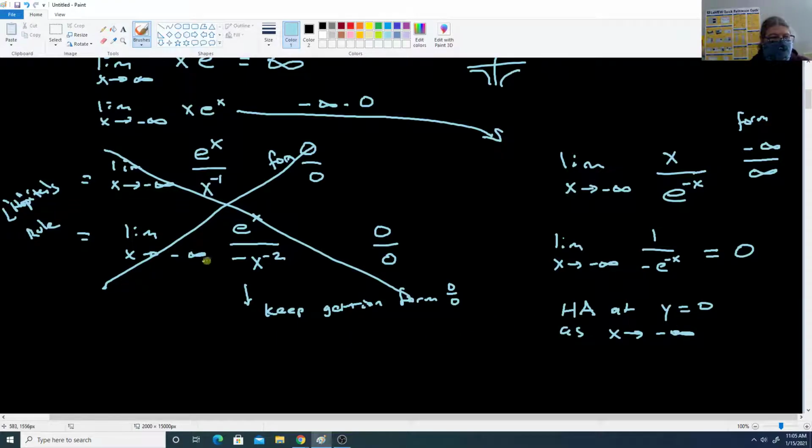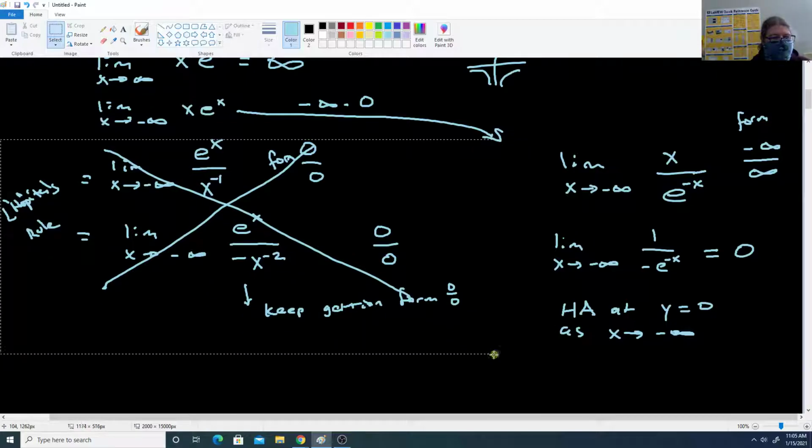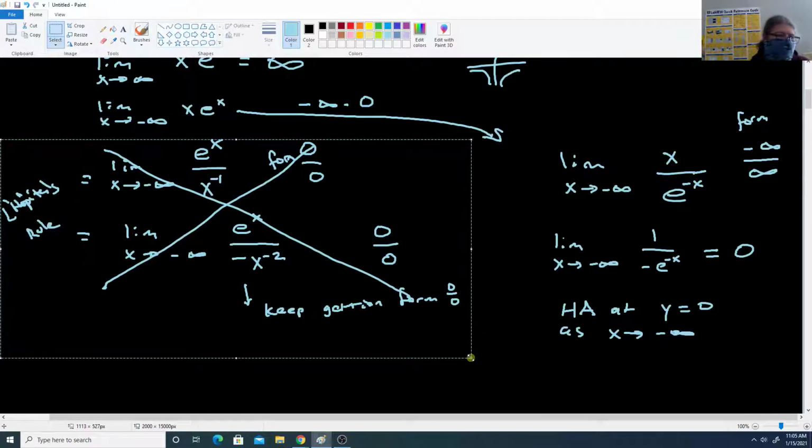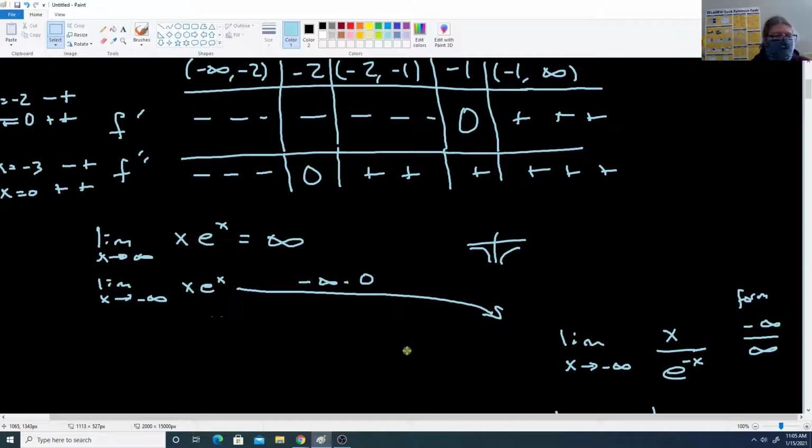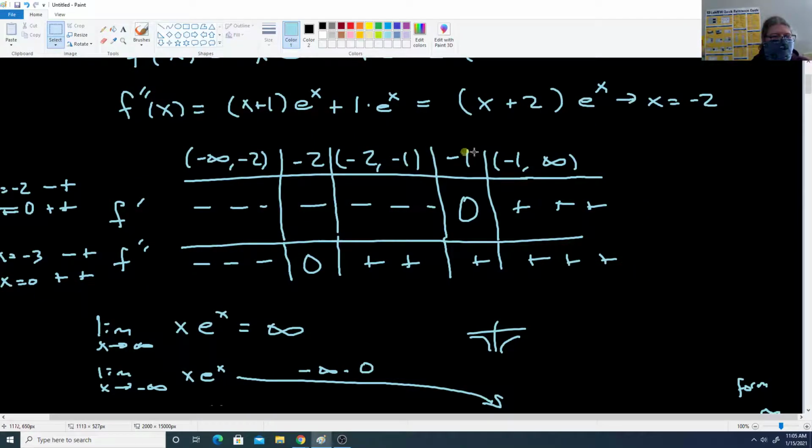So we should have everything to graph this now. I'm going to throw away the scratch work I did that went the wrong direction, where I pushed x downstairs instead of trying e to the x downstairs. And we'll start building our chart up. So we got the points. We need to figure out what's going on with the point negative 2 and negative 1. So I need to know what their actual y values are.